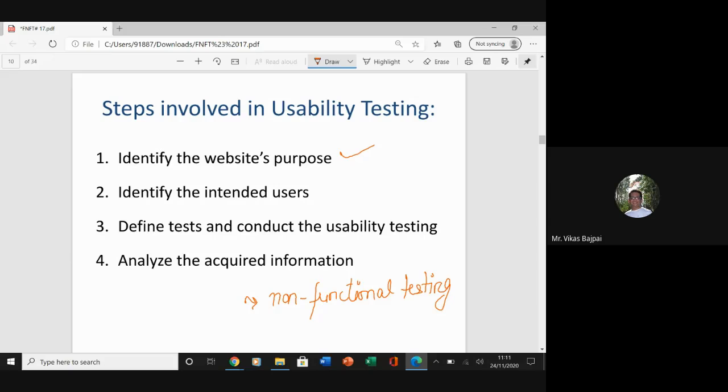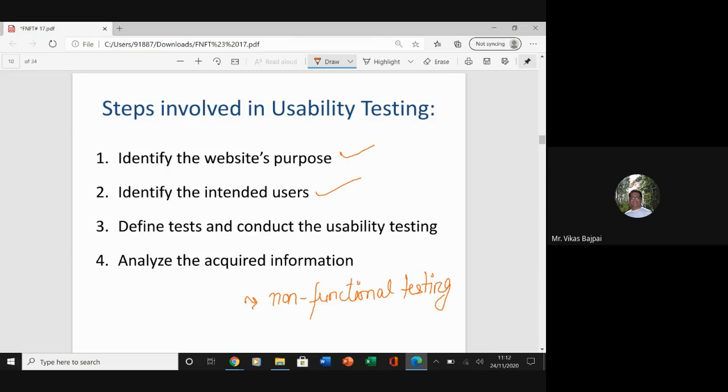So it is difficult to evaluate and difficult to measure, because as I said, we have a huge variety of users. Then we need to identify the intended users as well. Let's say I have a particular website with the name of Whitehat Junior. In that case, the users will be of a certain age range.